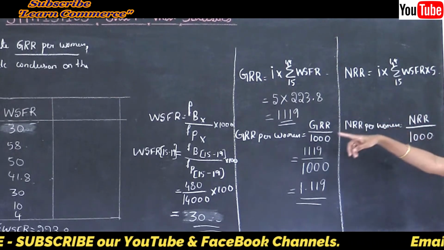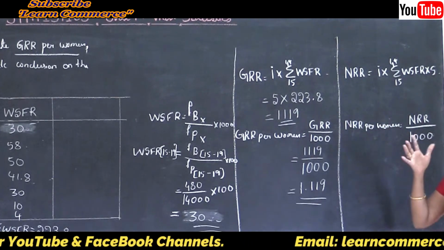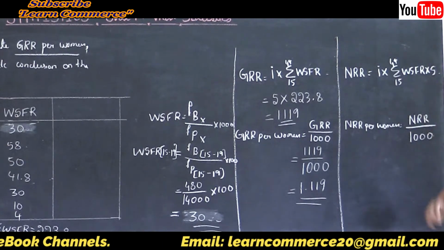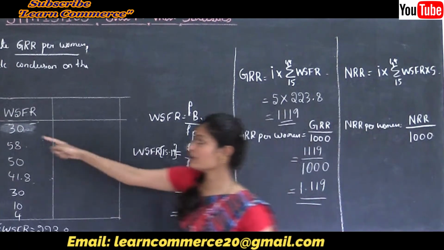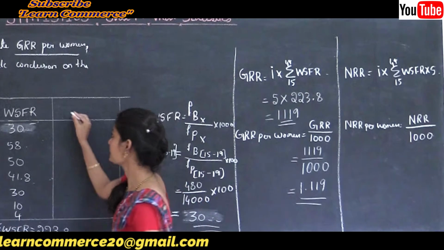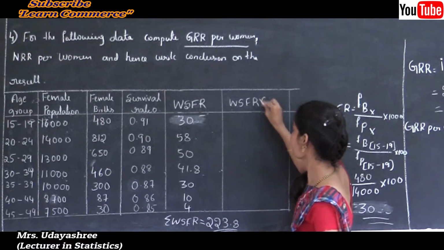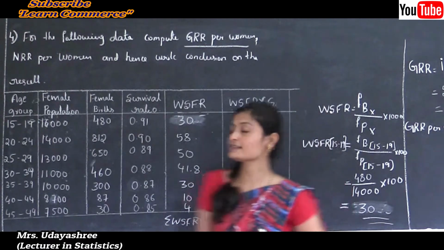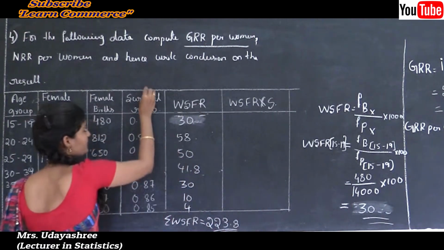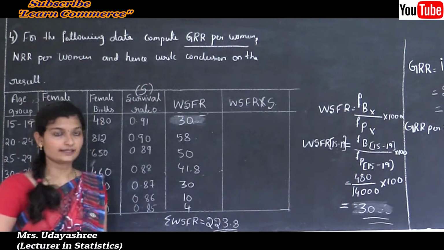In the problem they gave the survival ratio also, so we need to multiply survival ratio into WSFR, that is WSFR into S. Here survival ratio is denoted by capital letter S.